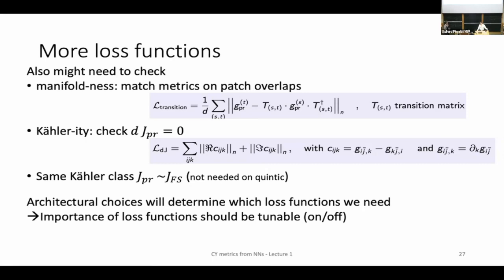That's an excellent question. The question is whether we are now at a stage where we have metrics that are accurate enough to compute things in string theory. I would say not quite. We're not quite there yet, so there's certainly scope for work to be done. What has been done is, for example, by Fabian, the computation of spectra of Laplacians using these metrics.